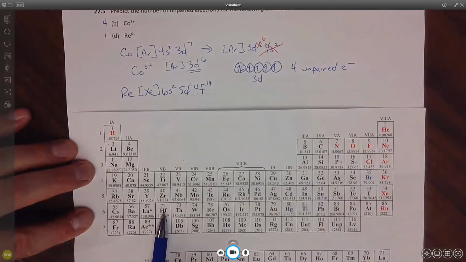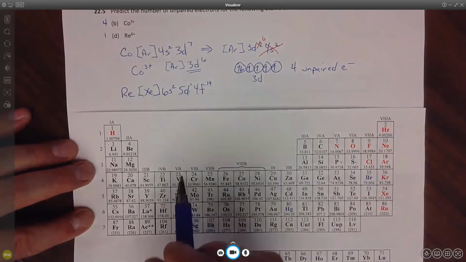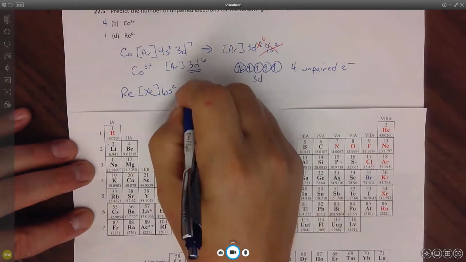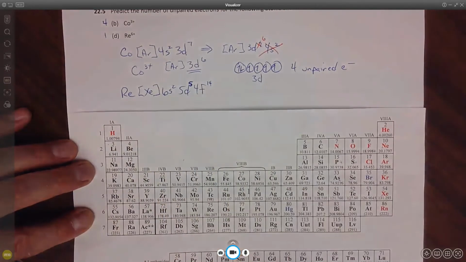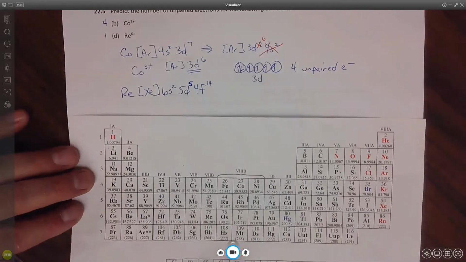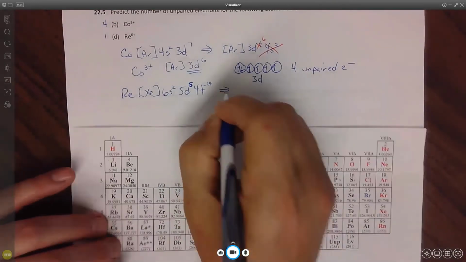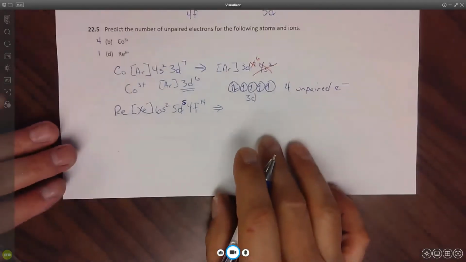We're here now, so we're back to the 5d, right? n-1, so 5d. We only have 1, 2, 3, 4, 5. So there's a total of 5 5d electrons. Again, you have to put it in proper order to take electrons off.